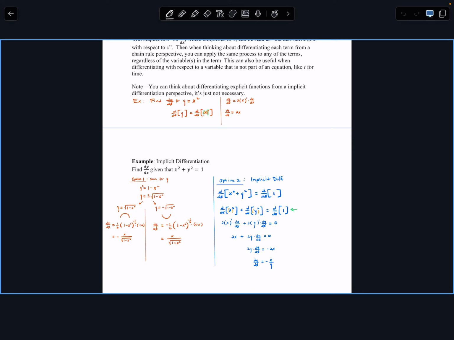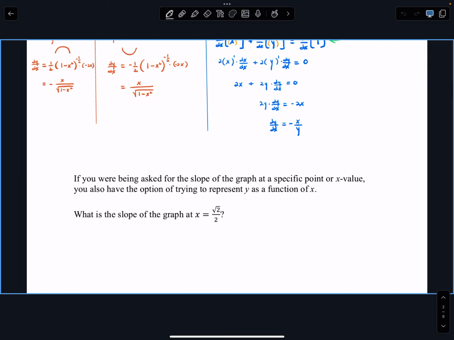So we've been able to use those rules. Now it's when we have equations where you don't have the form y equals some expression. Okay, that makes sense? And we looked at finding the derivative for x squared plus y squared equals 1, so the unit circle, right? And then we left off here.